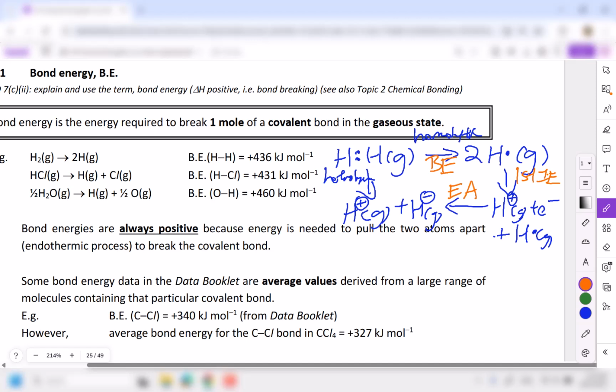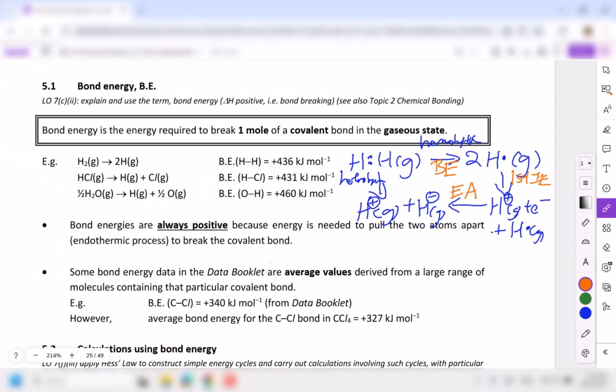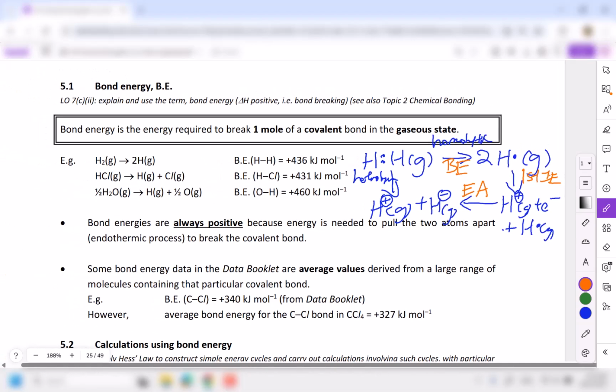If you are very strict with the definition, then you have to be very clear that bond energy is the energy required to homolytically break one mole of covalent bonds in the gaseous state. But of course for H2 Chem, not too much of a concern, because in most cases it's assumed that when you talk about bond energy, you are going to end up with gaseous atoms.